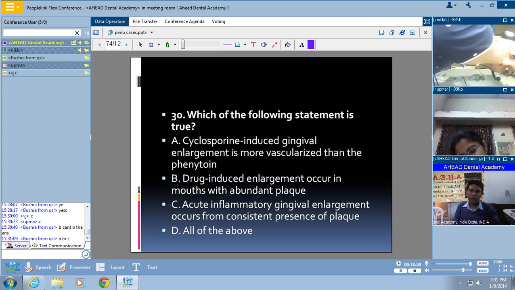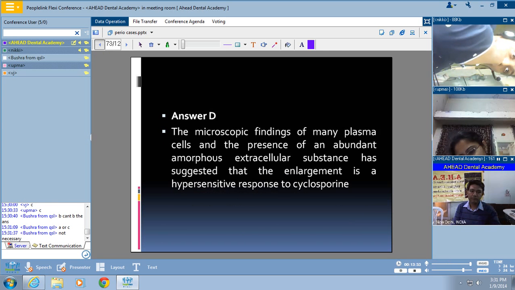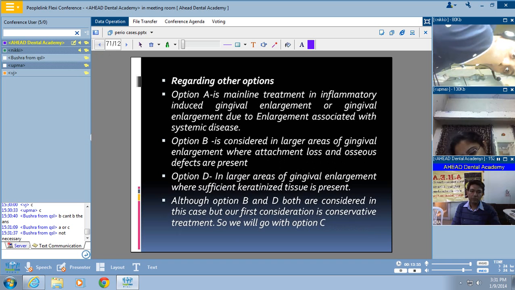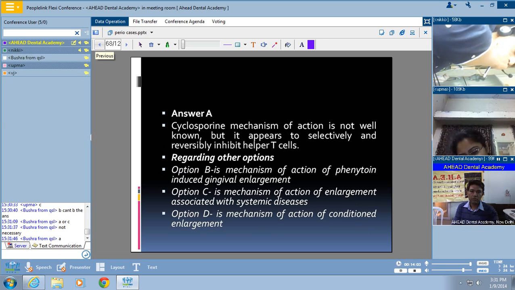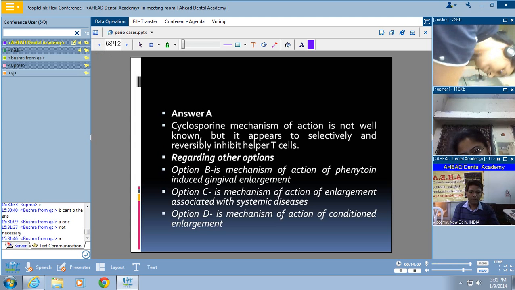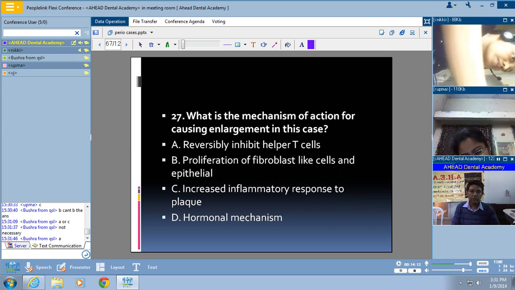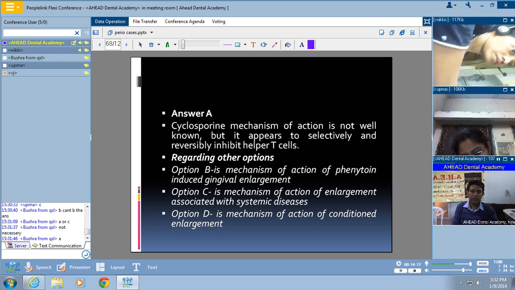If you go back and read this up, option B, proliferation of fibroblast-like cells in epithelium, is the mechanism of phenytoin-induced gingival enlargement, isn't it?